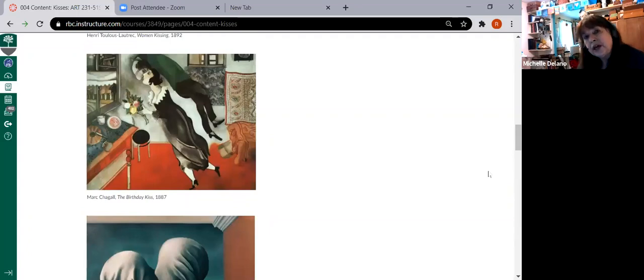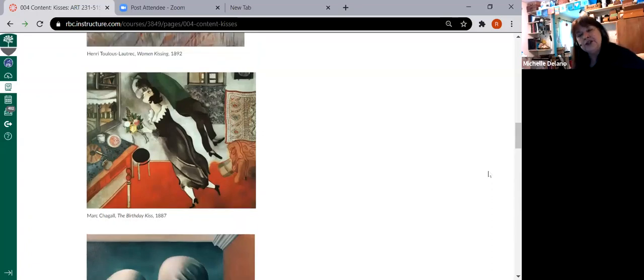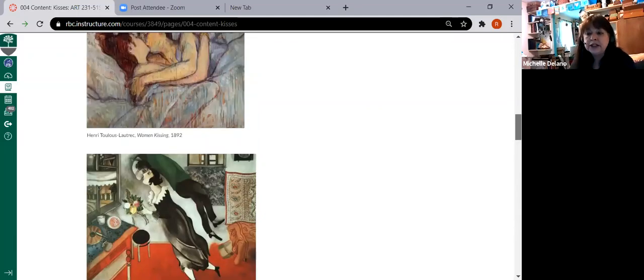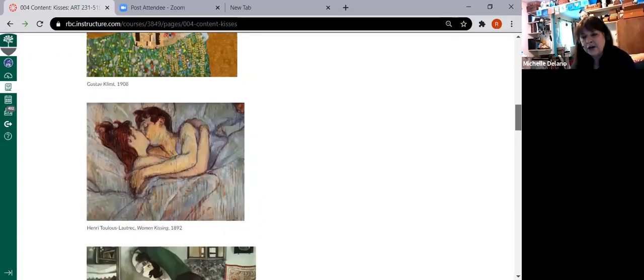You are welcome to find other artworks of kisses, but I would just ask that they are from artists that have a track record with exhibiting their art, that they're fairly well-known artists, artists that are in museums, so that if somebody becomes interested in their art, it's easy for them to investigate it online. So in your discussions about these kisses, you can refer to other artwork that you've seen or post other artwork that you've seen.